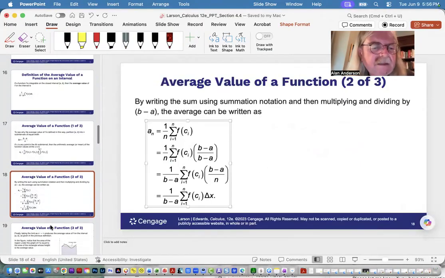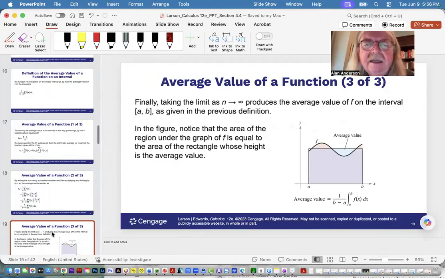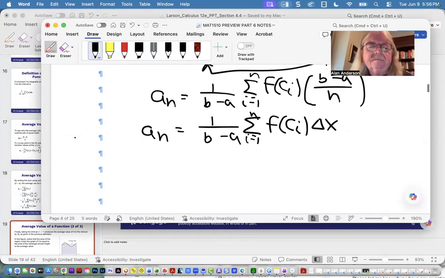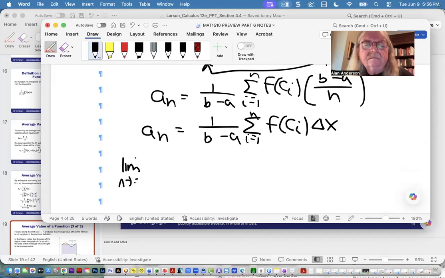But in the limit, as we allow n to go to infinity, we're going to wind up with 1 over b minus a times the integral.